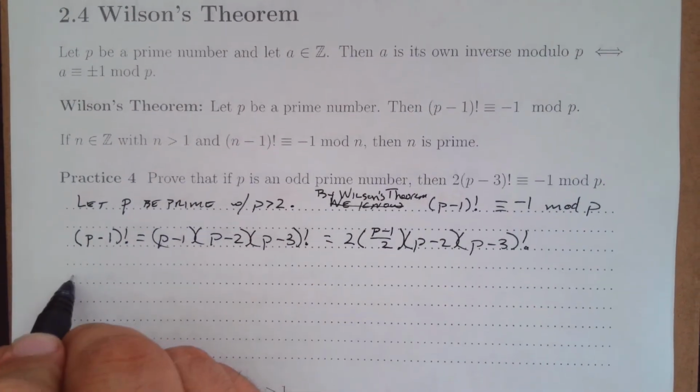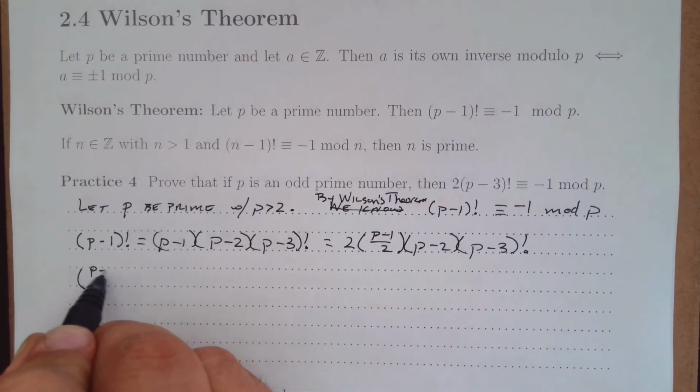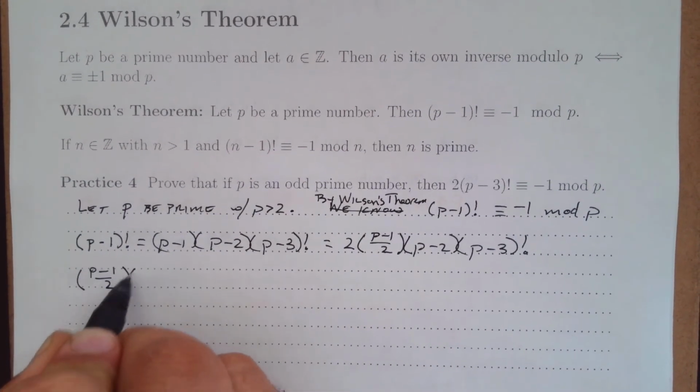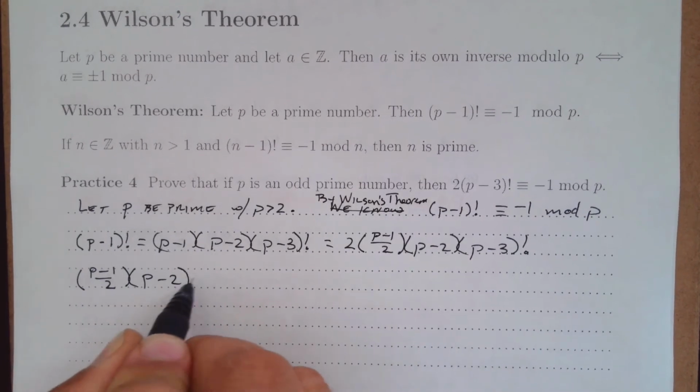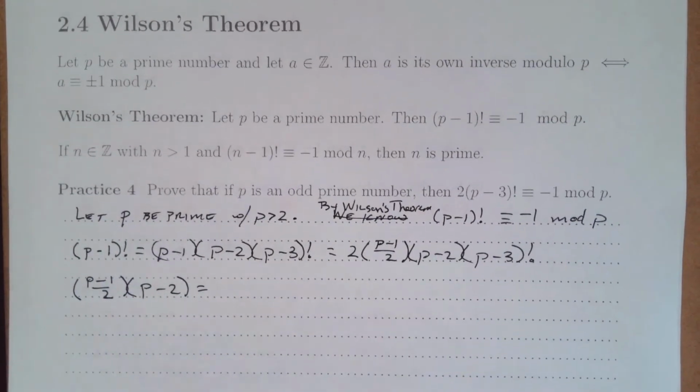So let's focus there. What does (p − 1)/2 times (p − 2) equal?